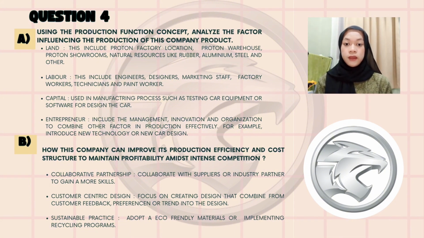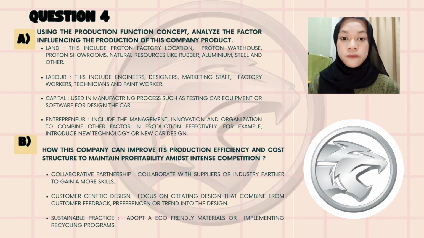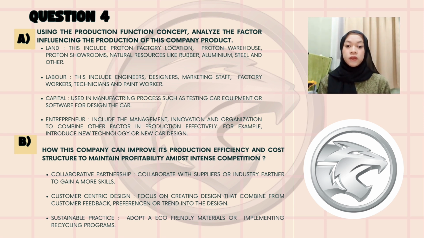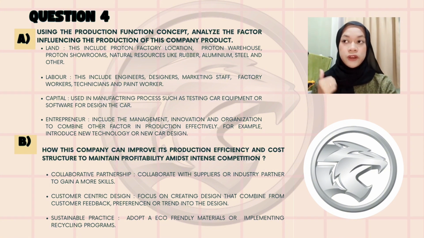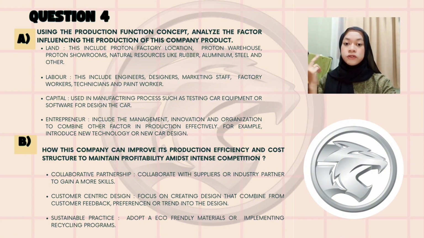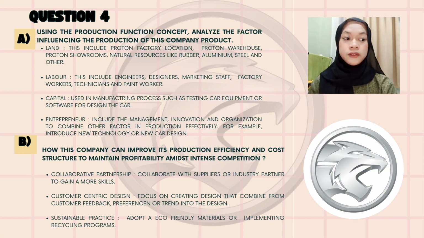For question A, analyze the factors influencing the production of this company's product. Firstly, land. This includes the physical place where the factory, warehouse, and also showroom are located. It also includes the natural resources like rubber, aluminium, steel, and other raw materials that are extracted from the land.